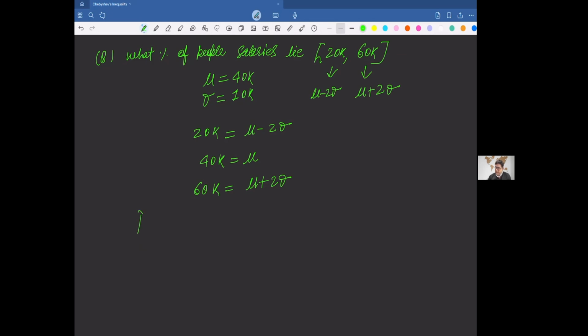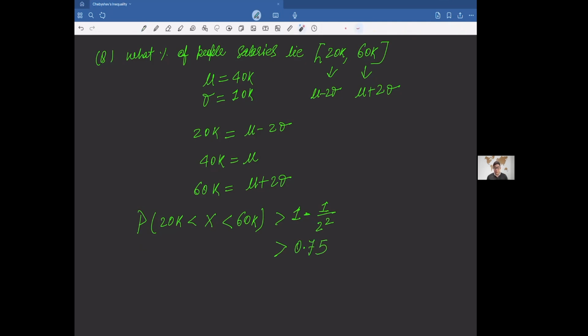So the probability of 20K less than x less than 60K is greater than 1 minus 1 by k square. Here k is 2, because we are talking about 2 standard deviations. So this should be greater than 0.75.